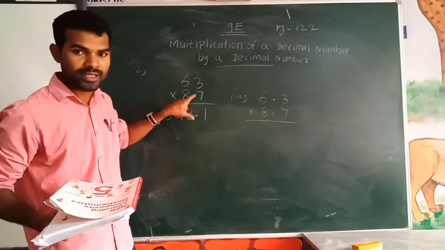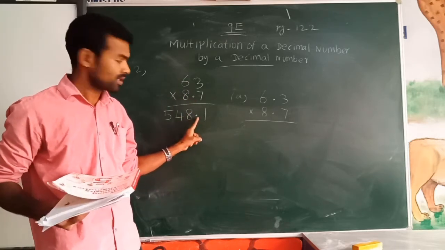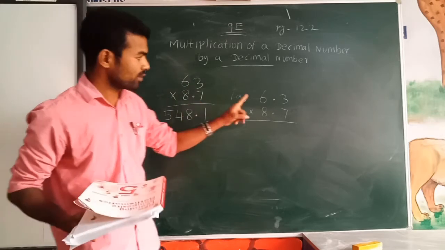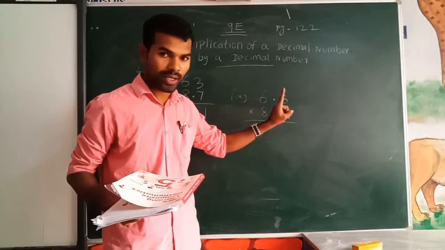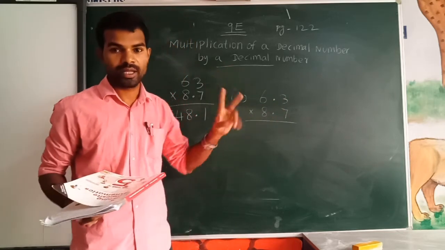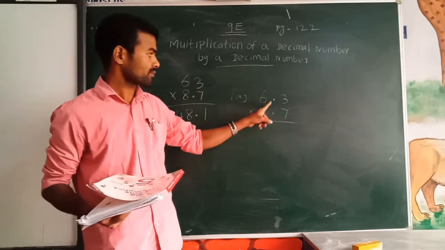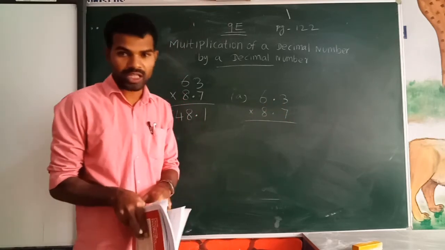So here you can see how many decimal places here? 1. After the point 1. Total how many decimal places? After the point 1 plus after the point 1. So total 2 decimal places.